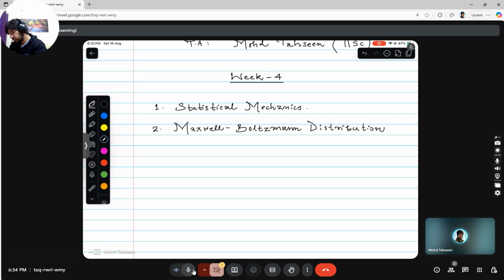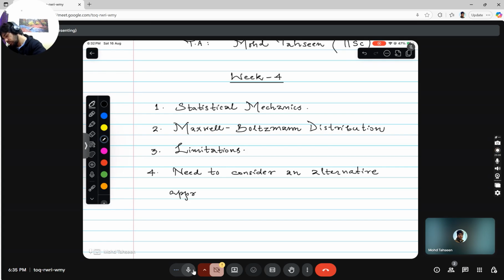And then we will point out what the limitations are, and we will see what the need is to consider an alternative approach, or alternative statistics.